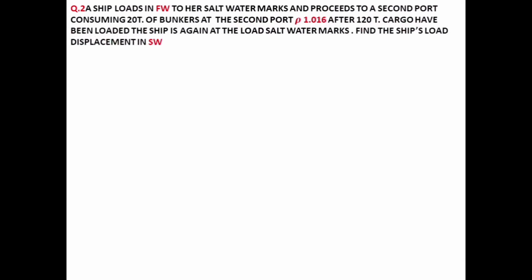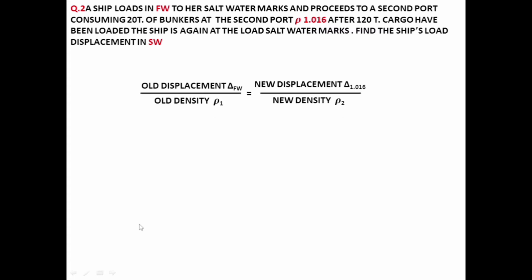Another question here: a ship in fresh water goes to a salt water port, consuming 20 tons of bunkers. That's the relative density at the second port, and 120 tons of cargo have been loaded on the ship. So if we put the relationship we saw right in the beginning, what is the displacement when it is reaching the second port? Whatever was there in fresh water, minus or plus.